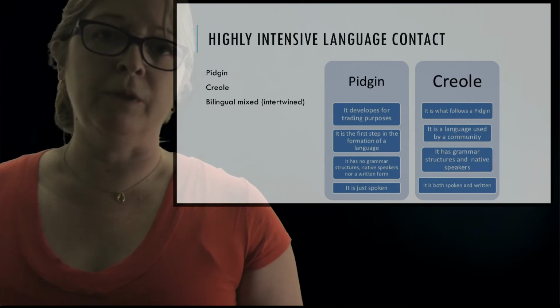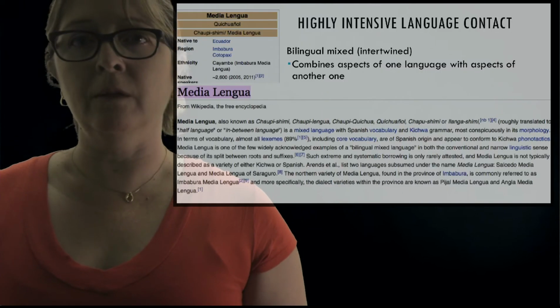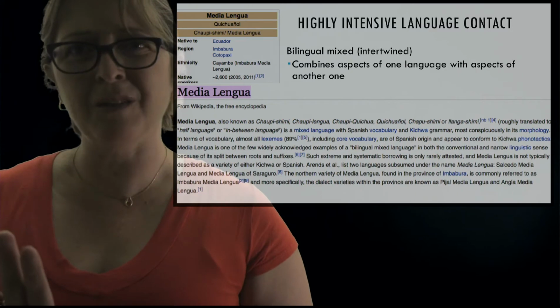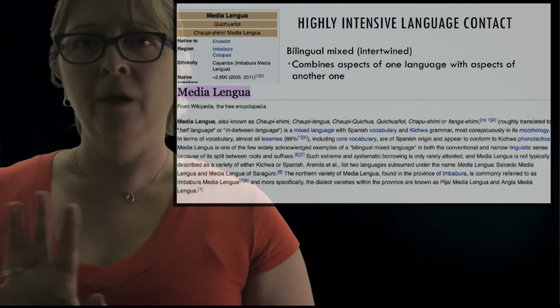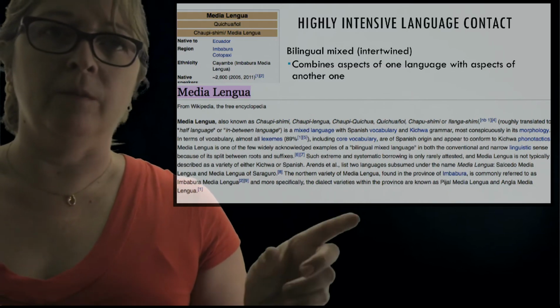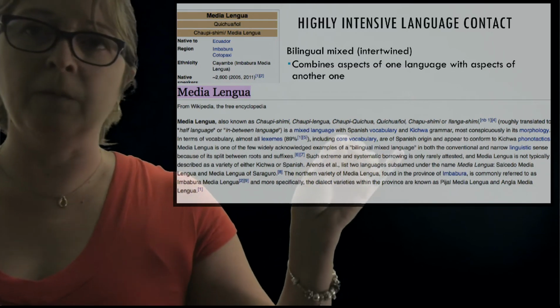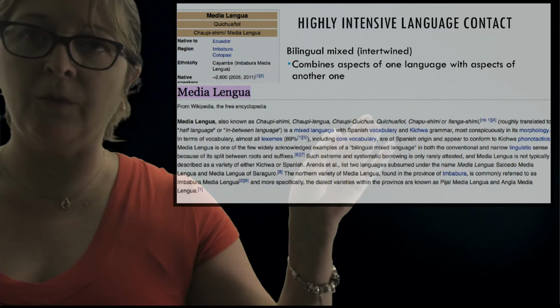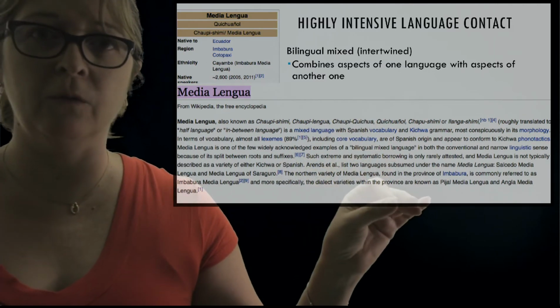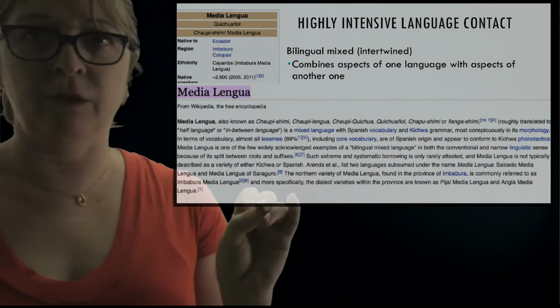So that's Creole, and I'm going to give you a few examples. So we have Pidgin, Creole, and then bilingual mixed, the intertwined. This is not so common, but here's one example to kind of explain it more. It combines aspects of one language with aspects of another language.